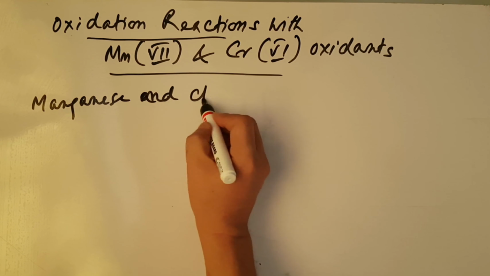For chromium 6 oxidants, there are many. They are also very strong, good oxidizing agents. They are chromium trioxide and chromic acid, sodium dichromate or potassium dichromate, Cr2O7, and chromyl chloride, CrO2Cl2, and then PCC, pyridinium chlorochromate, which we'll take later on.